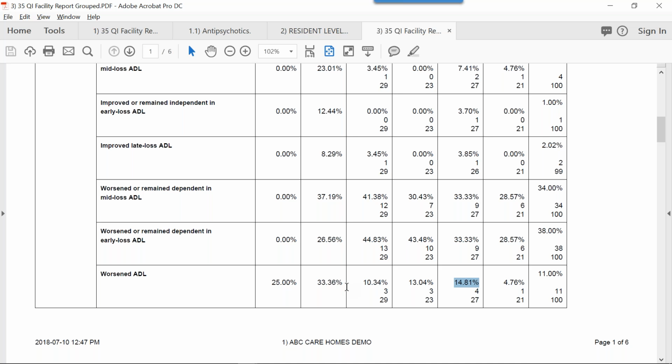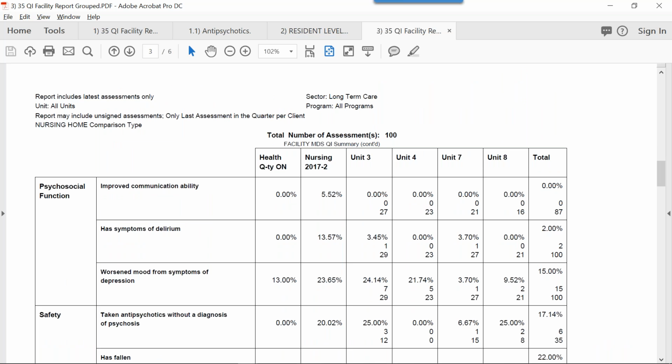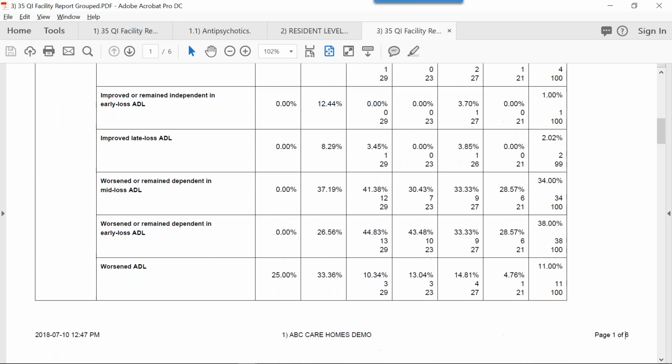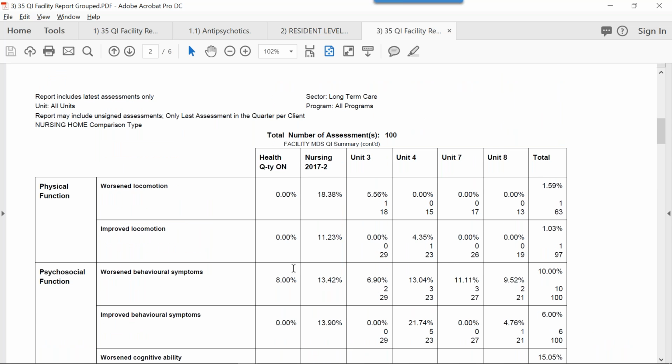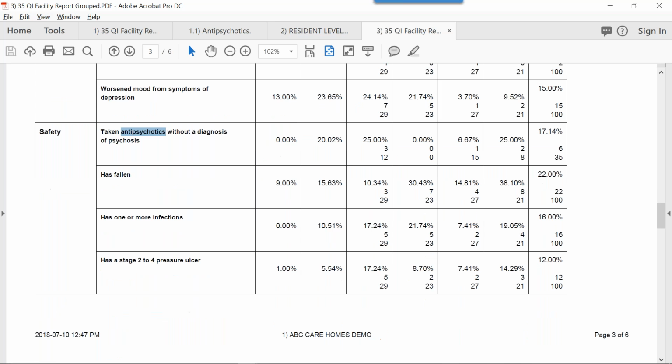Okay, so let's just go down here, and I want to look at the antipsychotics, because we've been hanging in with the antipsychotics. Oh, sorry. Let me just click in here. Okay, and we can see Health Quality Ontario. I don't have the goal in there for health quality. I'm not sure if there's been one set.